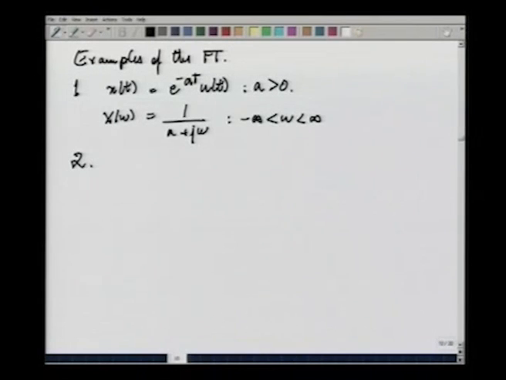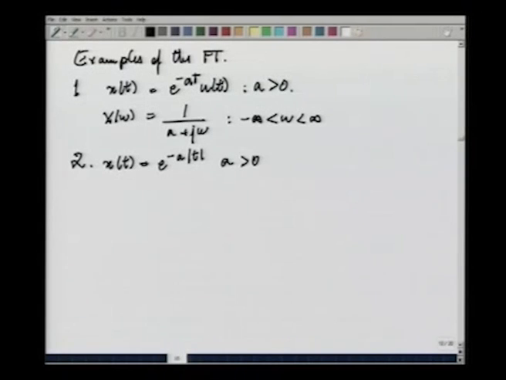Second example. Let me consider x t equals e to the minus a mod t. Again I am assuming that a is greater than 0, for reasons which will be discussed in a few minutes.